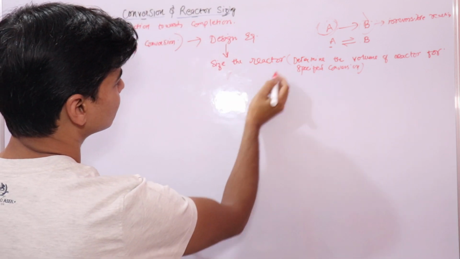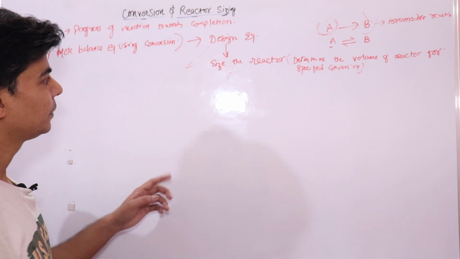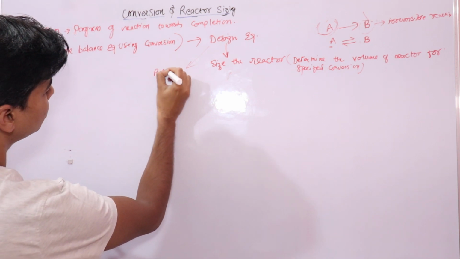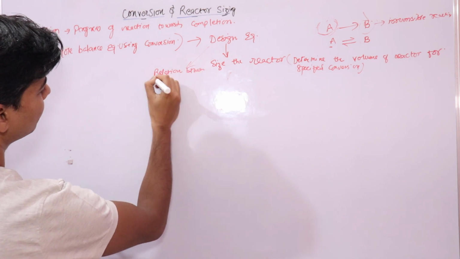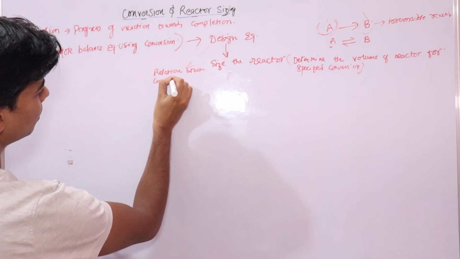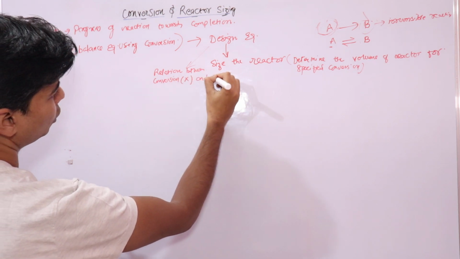So basically in this equation you will see that this would be a relation between conversion, which we will denote by x, and volume, right?